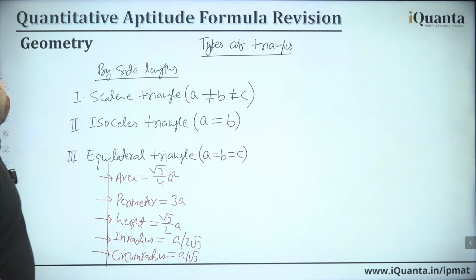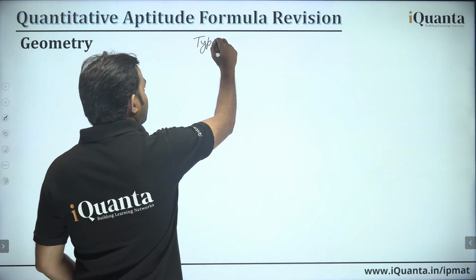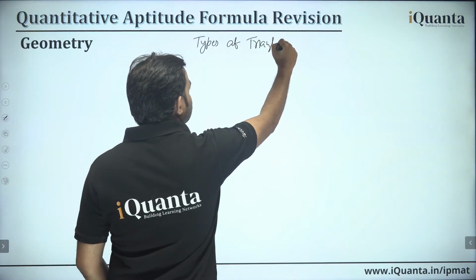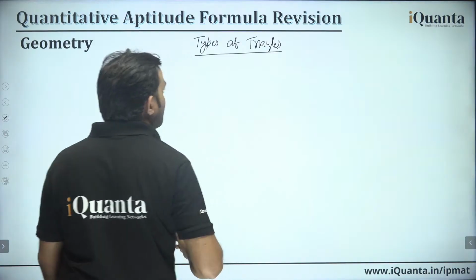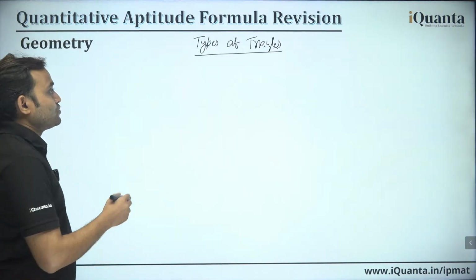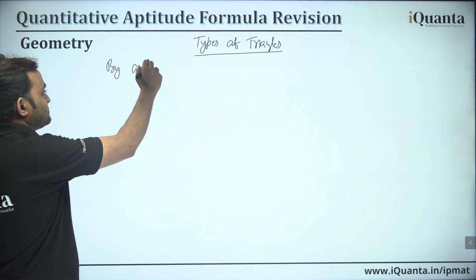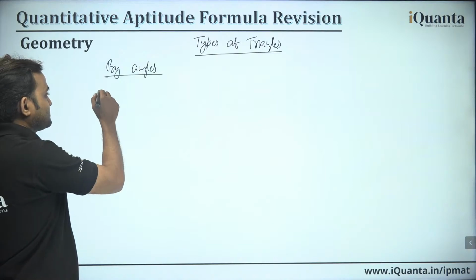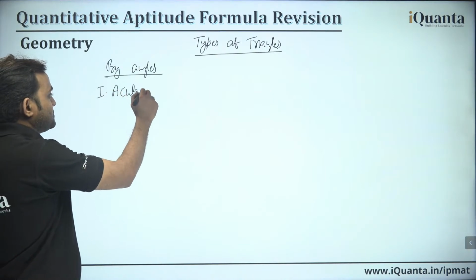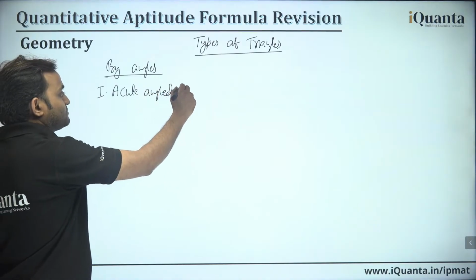Now again, in types of triangles, if we consider the angles, what are the types of triangles that we should know? By the measurement of angles, one of them is the acute angled triangle.